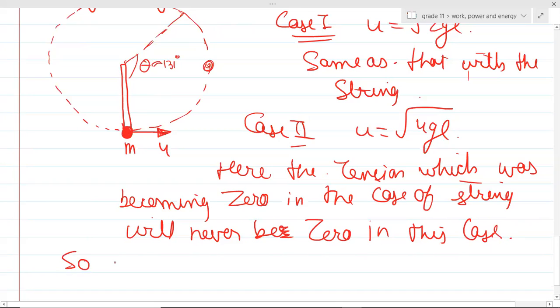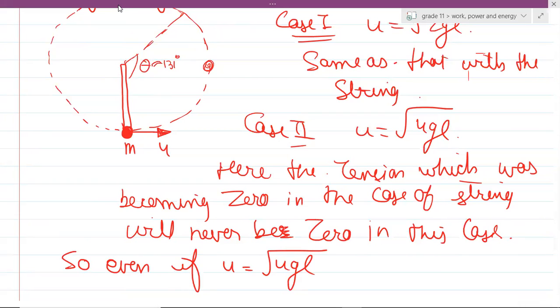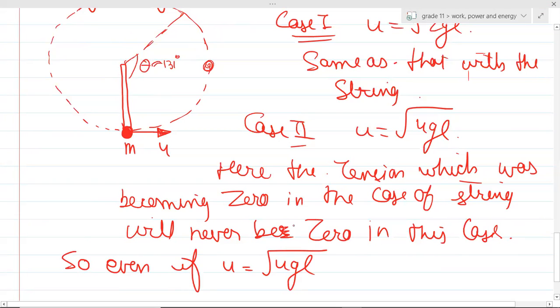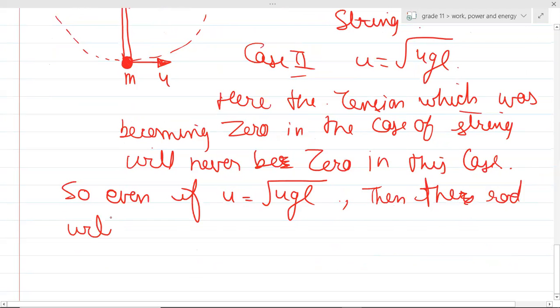So even if u is equal to under root of 4gl, do you remember the theta, phi, which came for where the velocity became 0, was basically the topmost point? Yes or no? So if u is equal to under root of 4gl, then the rod will become completely vertical again.